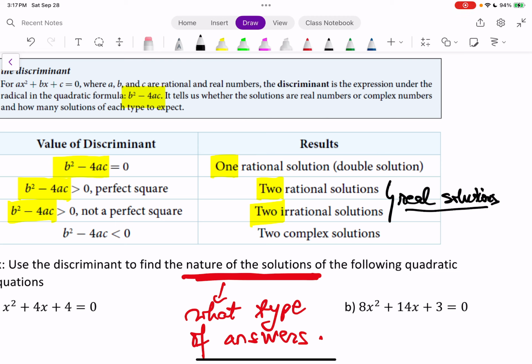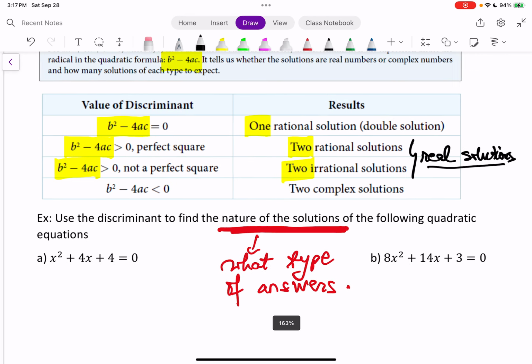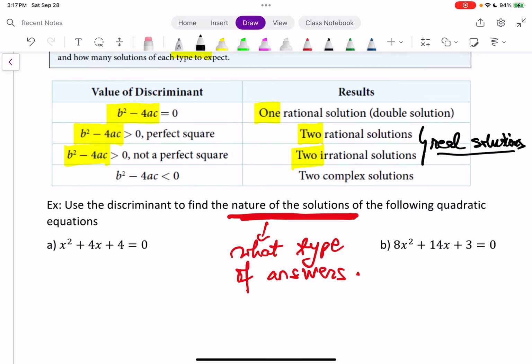If you're not left with a square root, you get some ratio between integers that makes it a rational answer. And finally, if the quantity inside the square root is less than 0, so a negative, then we're going to get two imaginary solutions. So we get i's in our answer.